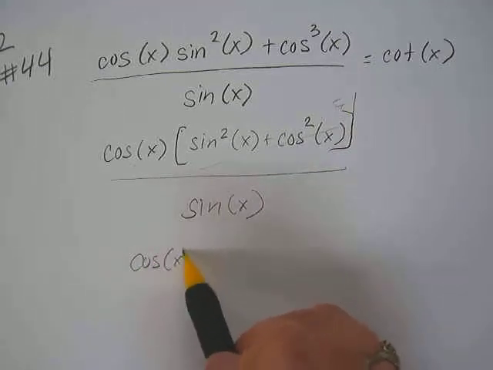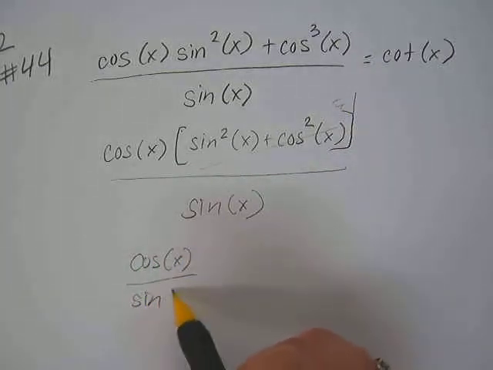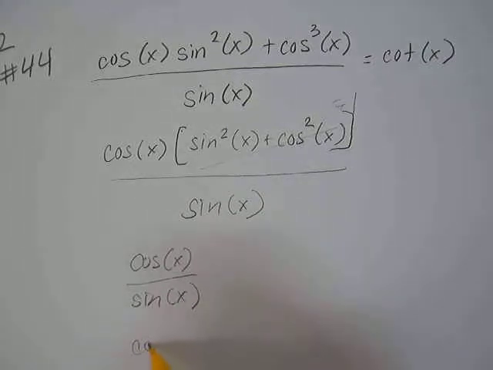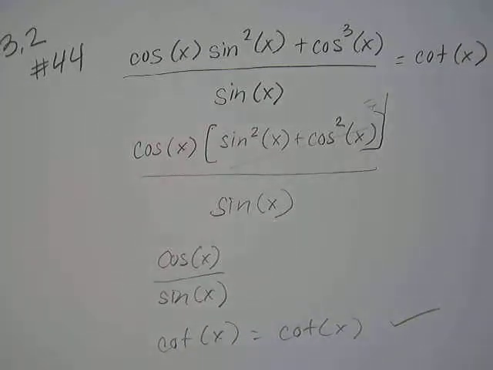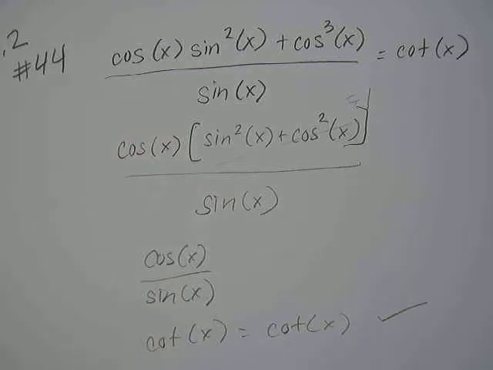So that leaves us with cosine over sine, which equals cotangent. There you go. Beautiful. Do you see how that's just like the problem we just did? Really, honestly. Yes, perfect.